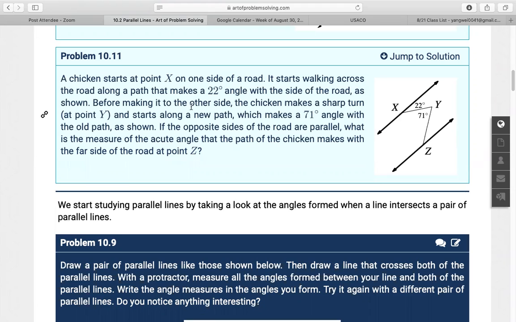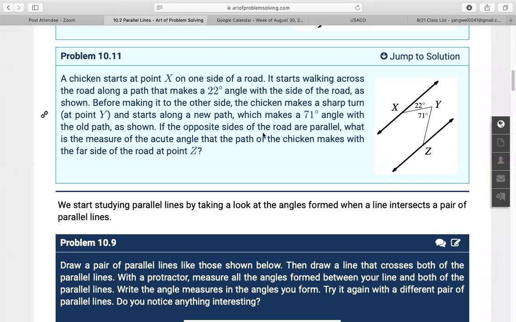Before making it to the other side, the chicken makes a sharp turn at point Y and starts along a new path, which makes a 71-degree angle with the old path, as shown.